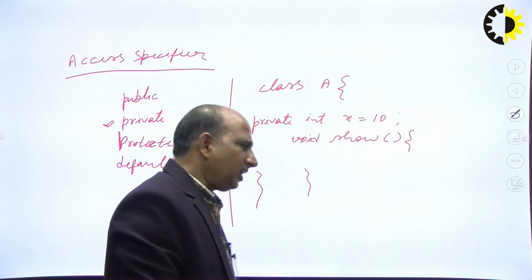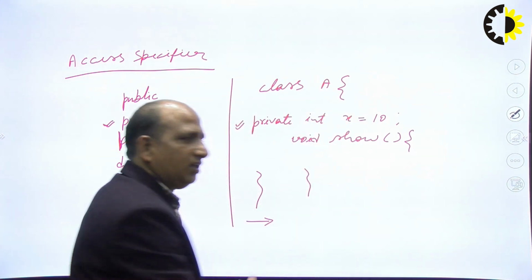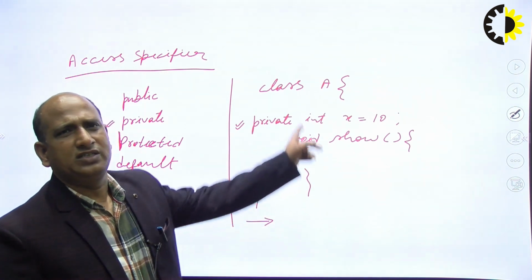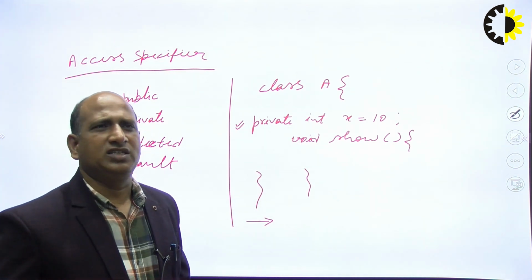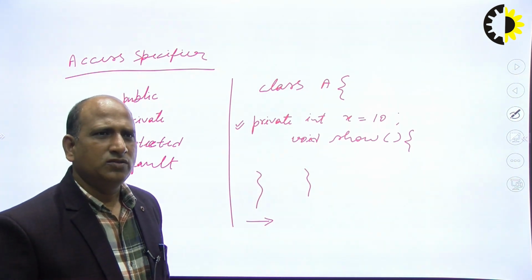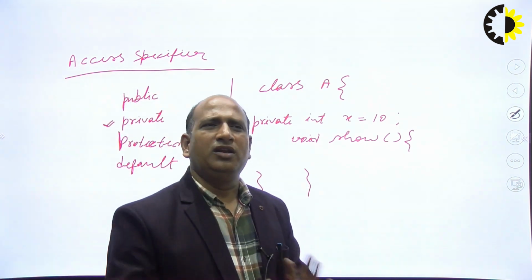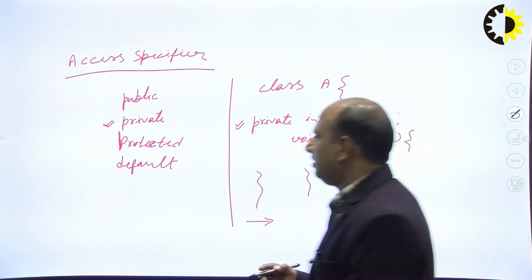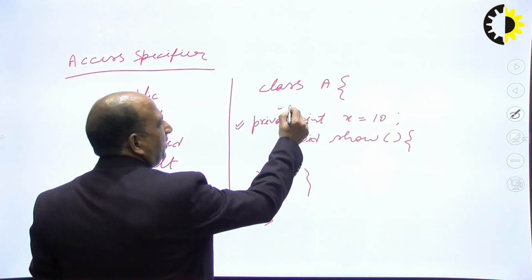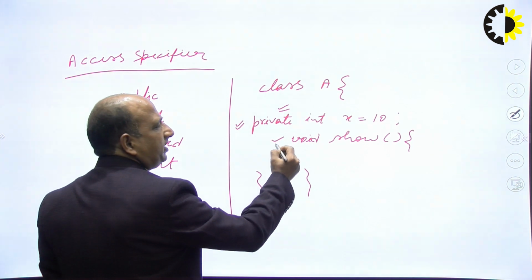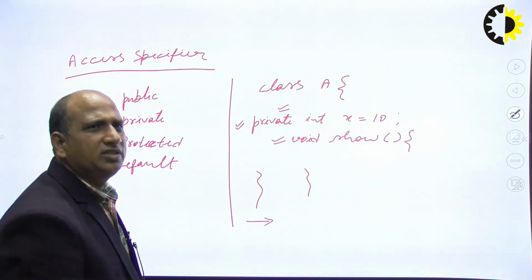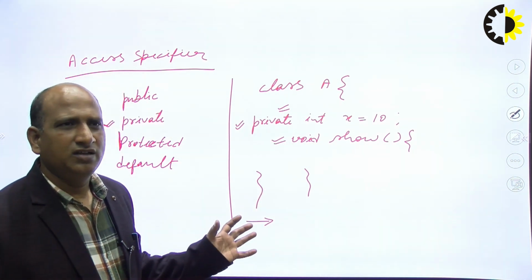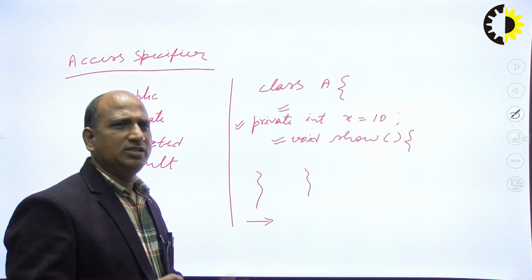But outside the class, if I want to access this x, it will not be accessible directly. So a private member may not be accessed outside the class. The only way we can access this member is by some function within that class. It is the least accessible. Private member is least accessible.